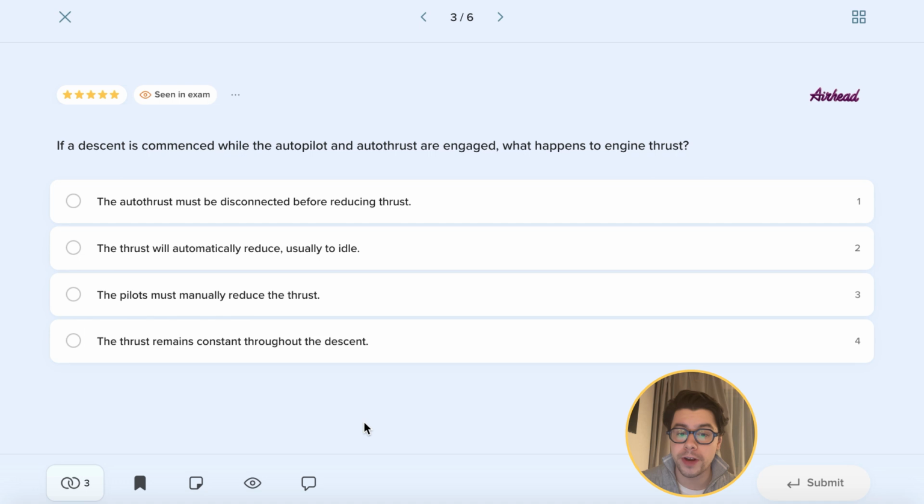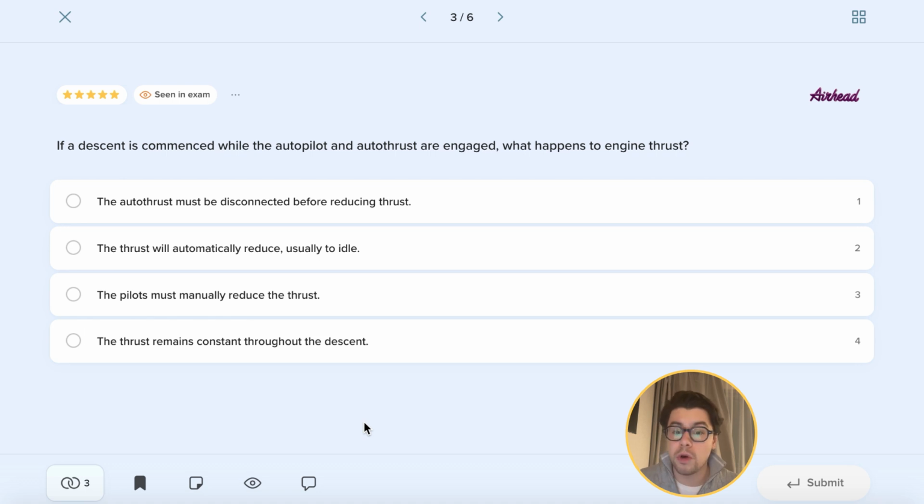For question number 3 right now, if a descent is commenced while the autopilot and autothrust are engaged, what happens to engine thrust? Generally, the most efficient way to descend, and what the system will do once we call for a descent, is that it will reduce the thrust in most cases to thrust idle.